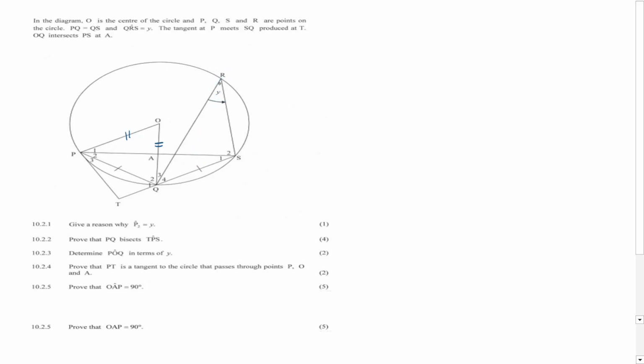So if I go from R with my fingers, I end up at QS, and if I bounce from that chord, I end up at the circumference here, and that would be Y, angles in same segment. So that's buzzing through my mind.